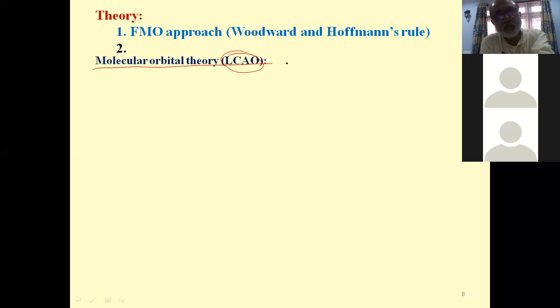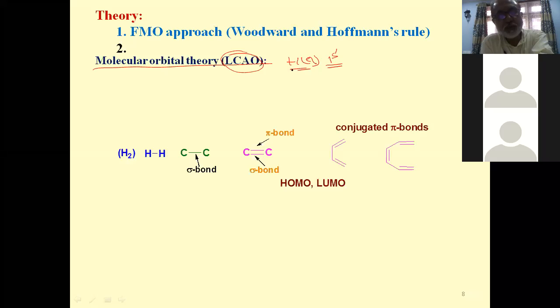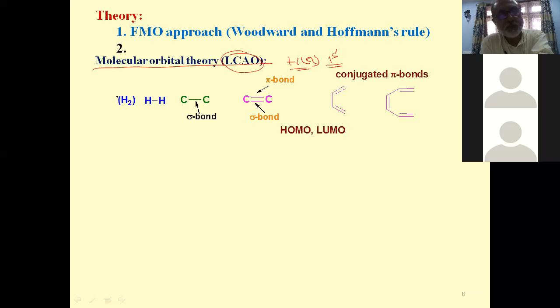The hydrogen molecule is formed by the combination of two atoms of hydrogen, and each hydrogen atom has one electron, which is present in the 1s orbital. So we'll be understanding the hydrogen molecule. Then we go to the carbon-carbon sigma bond.